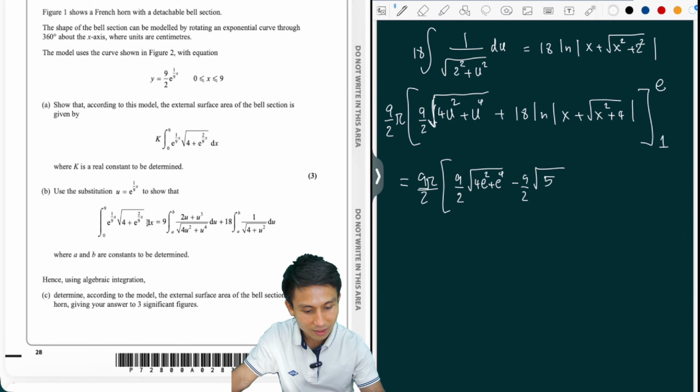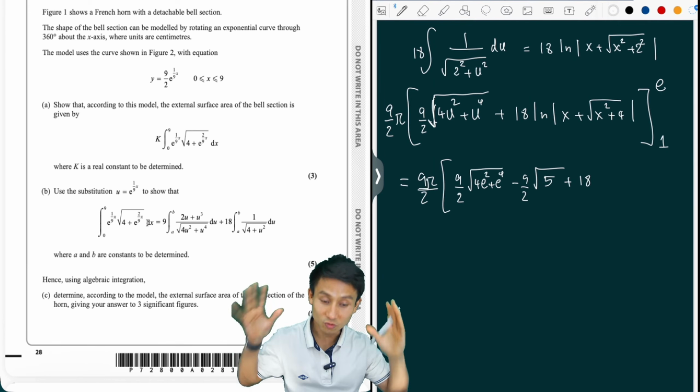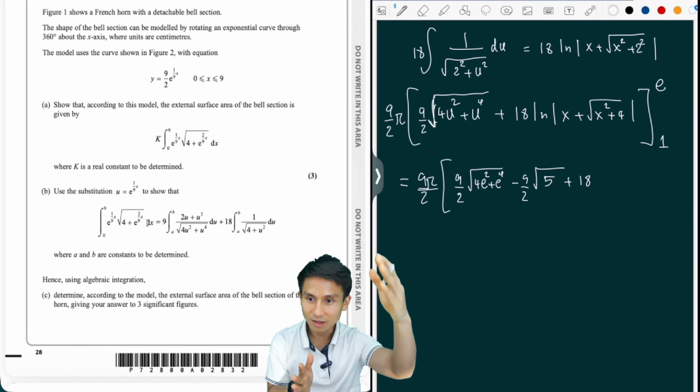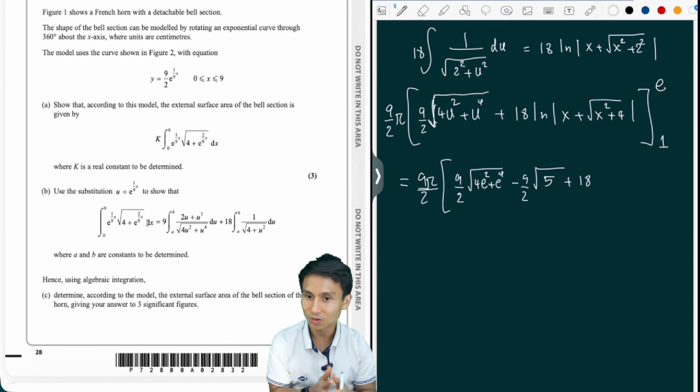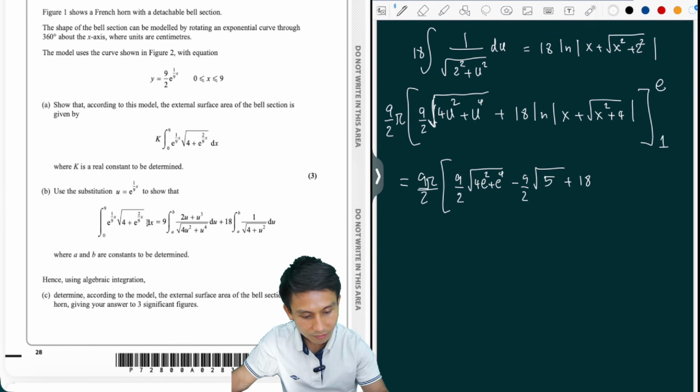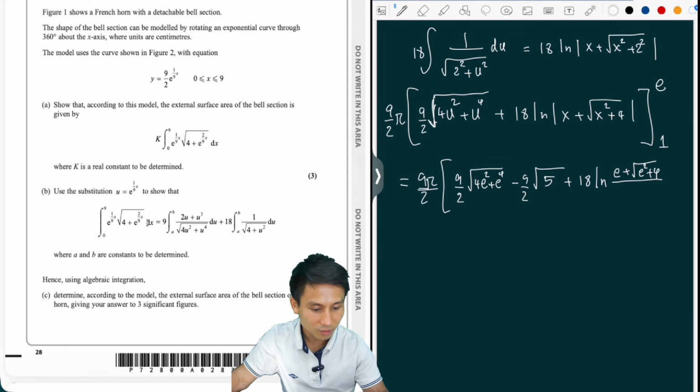And then the ln is easy, because when you do the upper and lower limit and use the log property, it's just going to be ln of upper limit divided by lower limit. So 18 ln, with e plus square root of e squared plus 4. And then we sub 1 in: 1 plus square root of 5, like that.